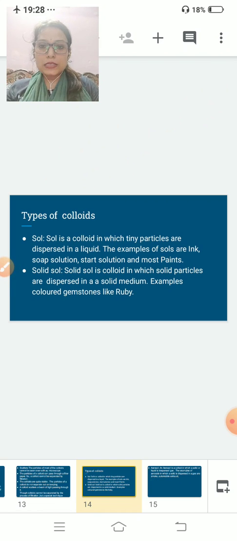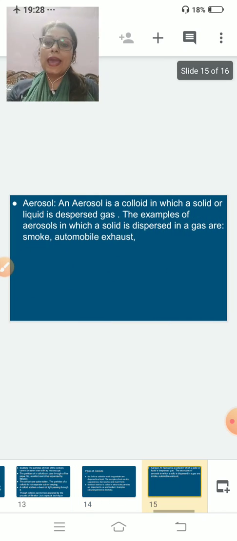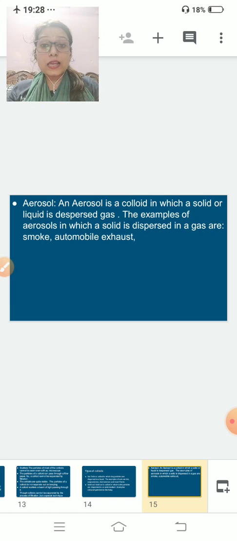Solid sol is a colloid in which solid particles are dispersed in a solid medium. Example, colored gemstones like ruby. Aerosol. An aerosol is a colloid in which a solid or liquid is dispersed in gas. The examples of aerosol are smoke and automobile exhaust. Clear?